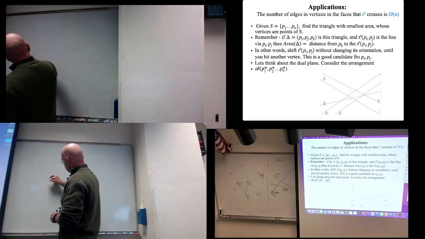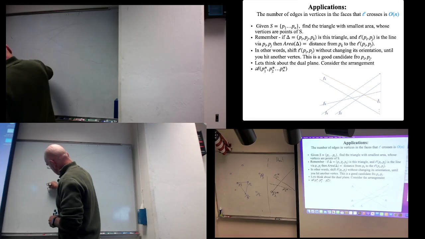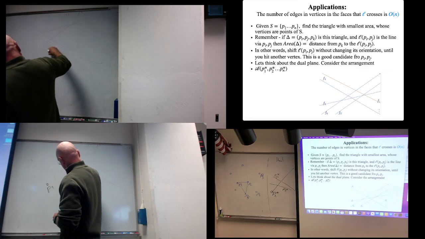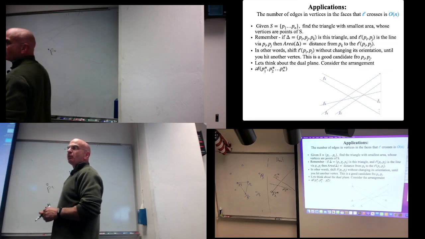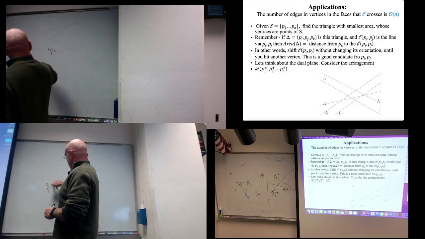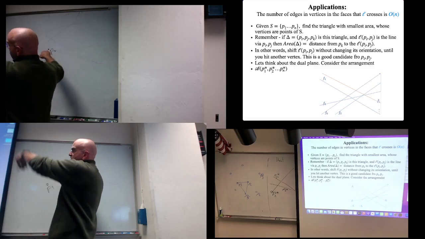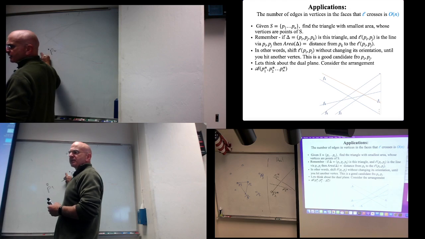So let's assume that this triangle is defined by P1, P2, and one other point that I still need to decide. So the smallest triangle will be defined by P1, P2, and one other point out there.